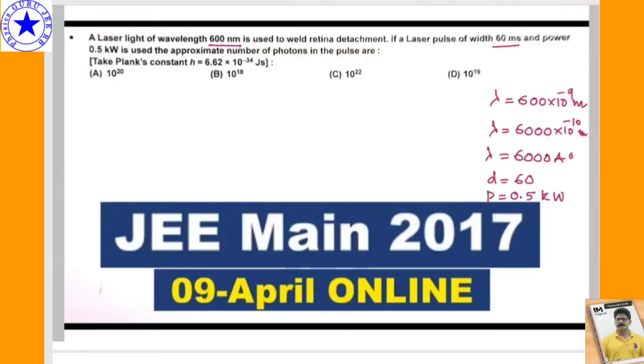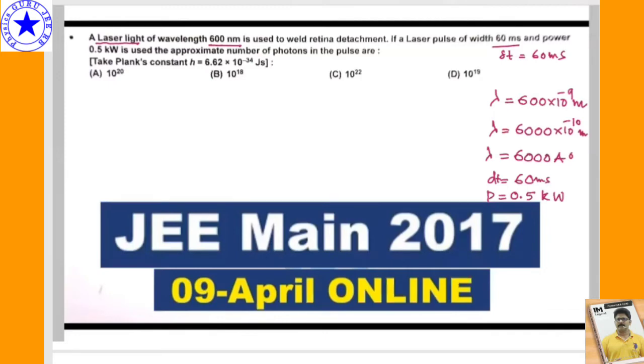Now to calculate this, let us see. According to the given problem, a laser light of wavelength 6000 angstroms is used to weld retina detachment. The laser pulse of width means delta t, which is 60 milliseconds, and the power is 0.5 kilowatt.